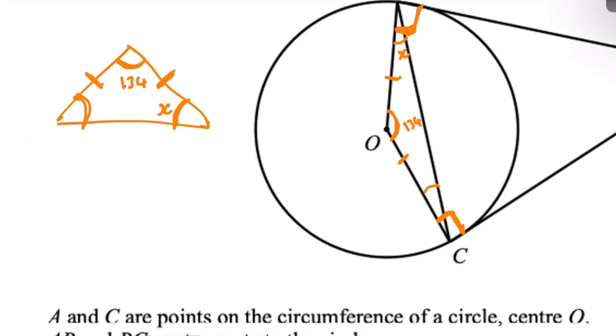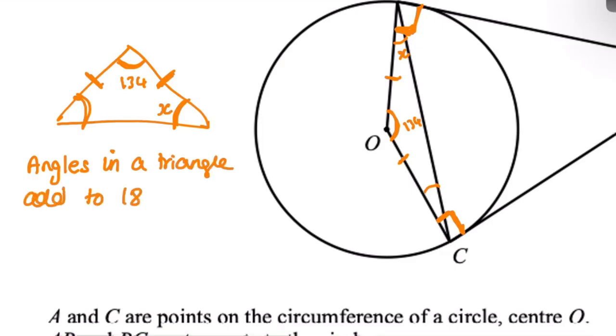So we know that angles in a triangle add up to 180 degrees. So if we do 180 subtract 134, that's going to get us an answer of 46 degrees. And that is split between these two angles.